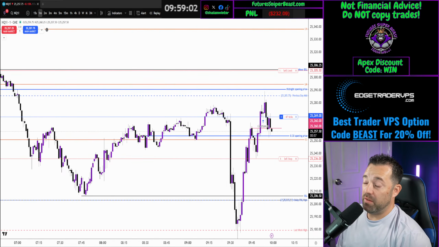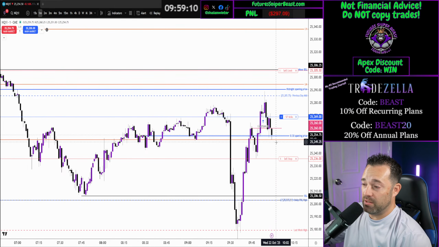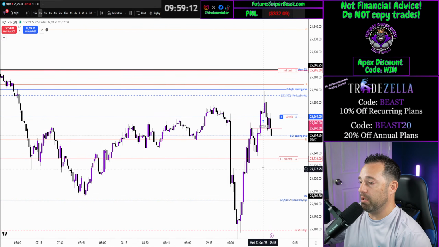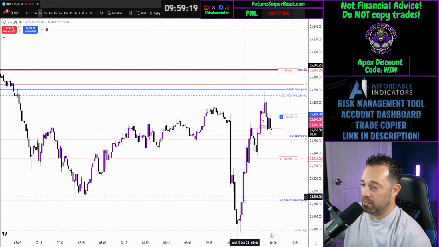And it's 9:59 now, so we're probably going to get that volatility spike here in the next minute. Now it's doing it. This is not really what you want to see it do, but like I said, I still have my invalidation point here. It very well could want to trade down to this lower fair value gap, but we'll see.